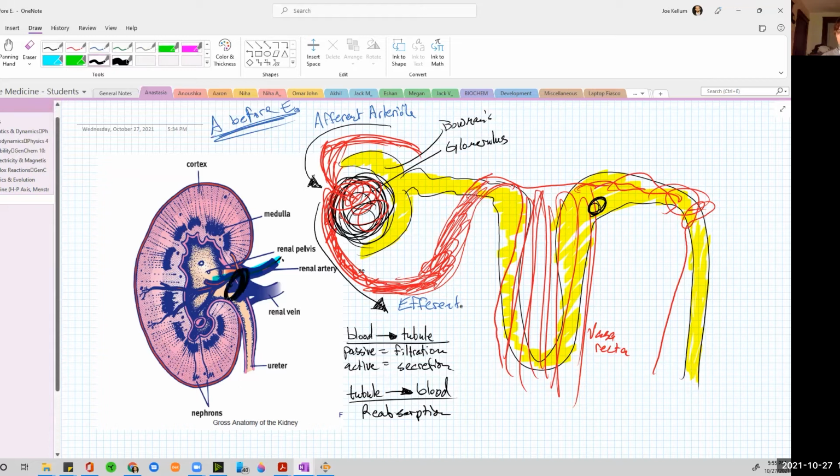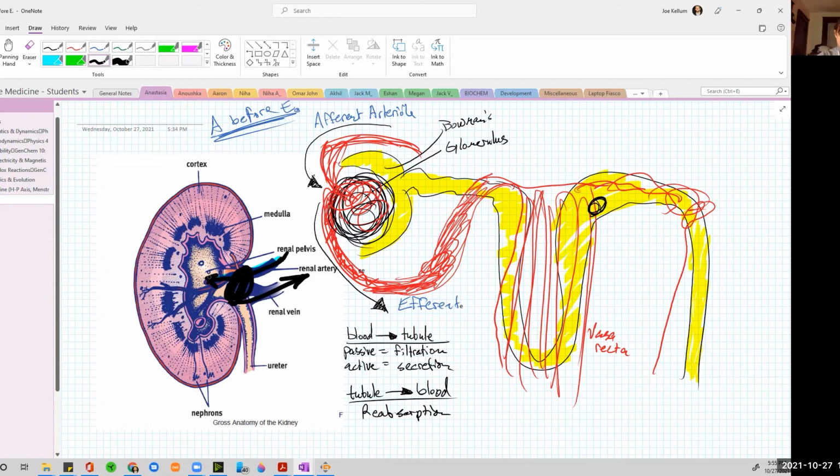So this area here is the renal pelvis. And it's coming in through the renal pelvis, and it's also leaving through the renal pelvis whenever blood leaves in the renal vein.